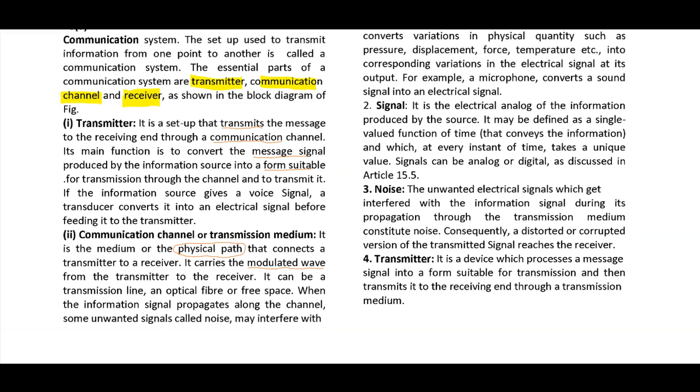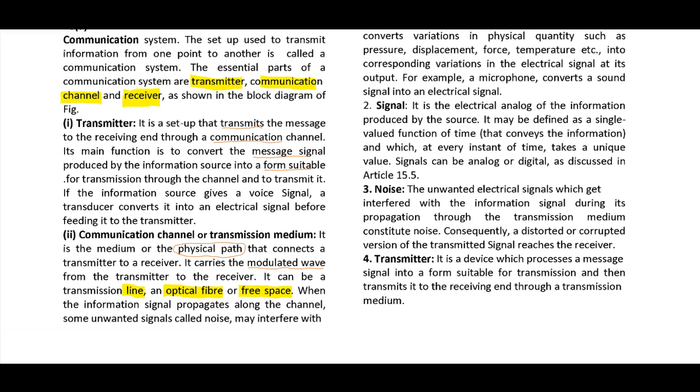For example, the most important communication medium may be a transmission line, or it can be an optical fiber, or it may be free space. For example, in video communication or telecommunication, the signals that you see in your television channels are put to space directly and they are reflected back by the ionosphere.